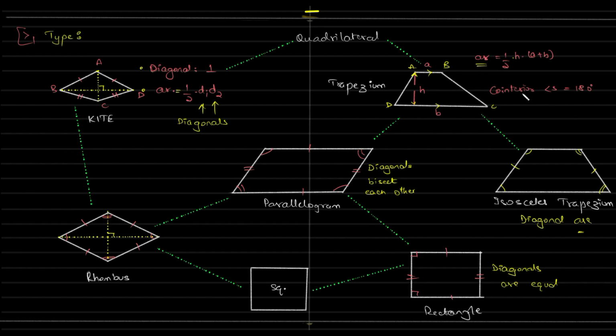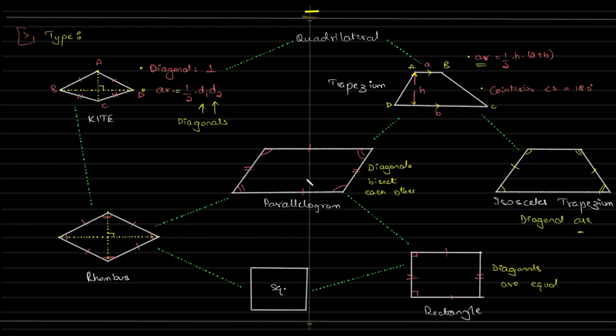And we know that co-interior angles of any given set of parallel lines add up to 180 degrees. This is an extension of that property, so it is not a fancy new thing. So these are your first set of level 1 types of quadrilaterals. Borrowing this property, we have quite a few things over here. Whatever properties we are seeing here are by default present in this and this.